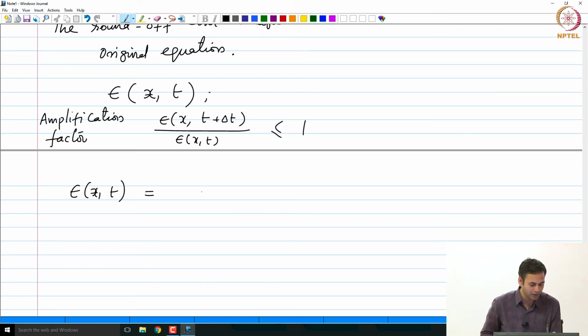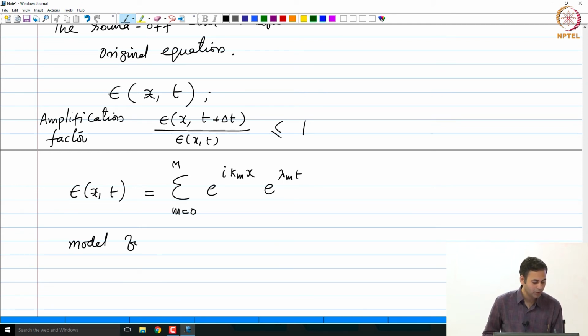I am also assuming that it is in the form of an exponential function, or is made up of cosines and sines, so basically a trigonometric function. That means e to the power i k m x times e to the power lambda m t, summed over m from 0 to some capital M or infinity. So, essentially I have introduced a model here for the round off error that we get in a computation.